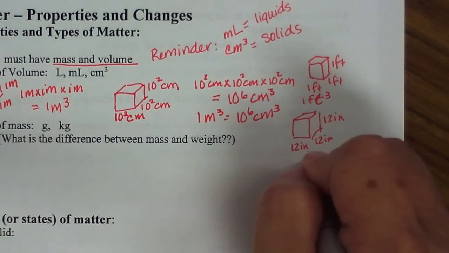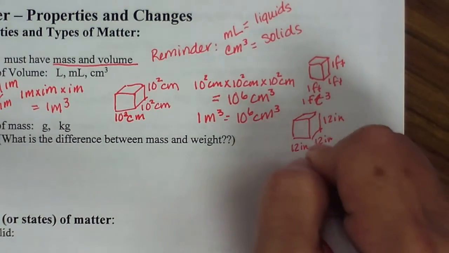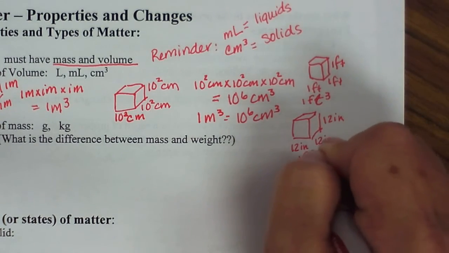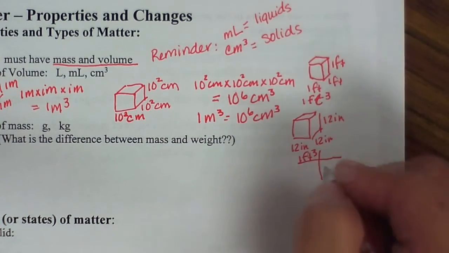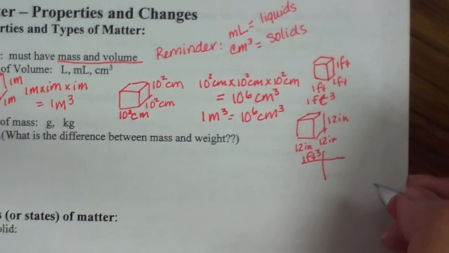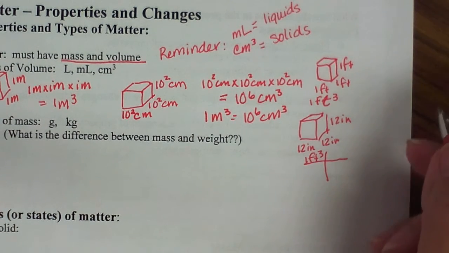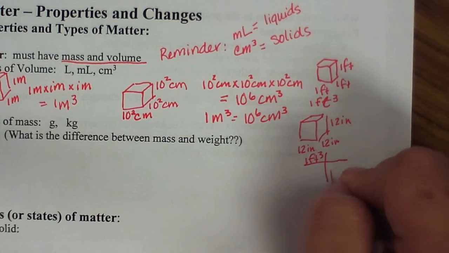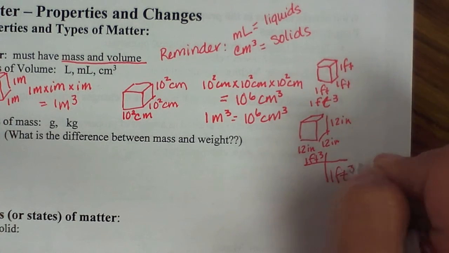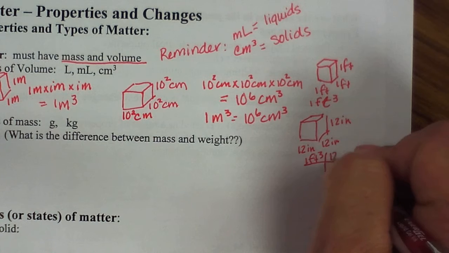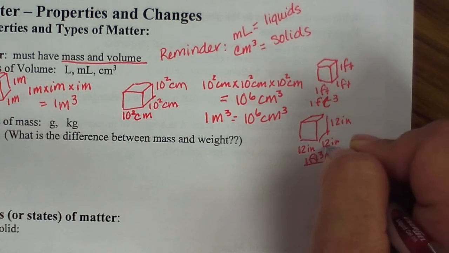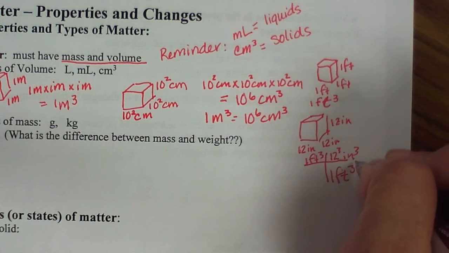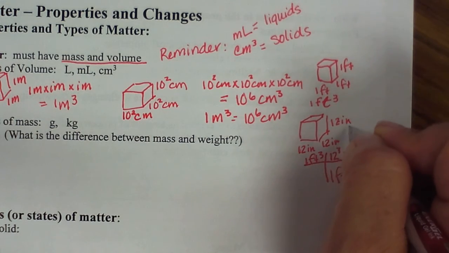So now I could just set up my box and say 1 foot cubed, and to convert it into inches cubed, I would say 1 foot cubed is equal to 12 cubed inches cubed. 12 times 12 times 12 inches times inches times inches.